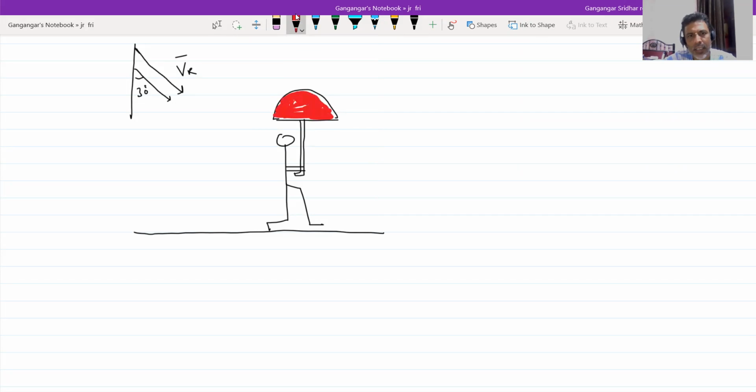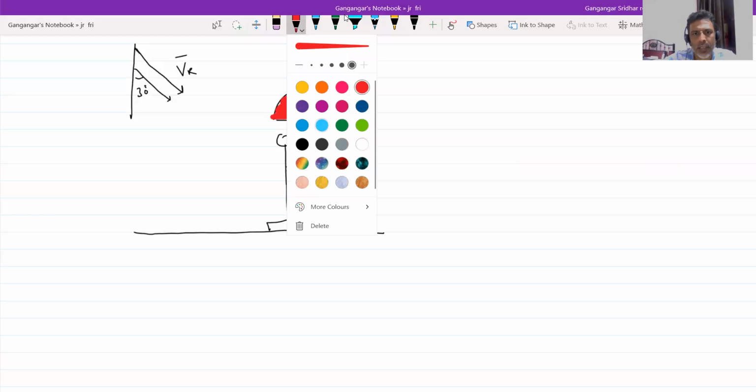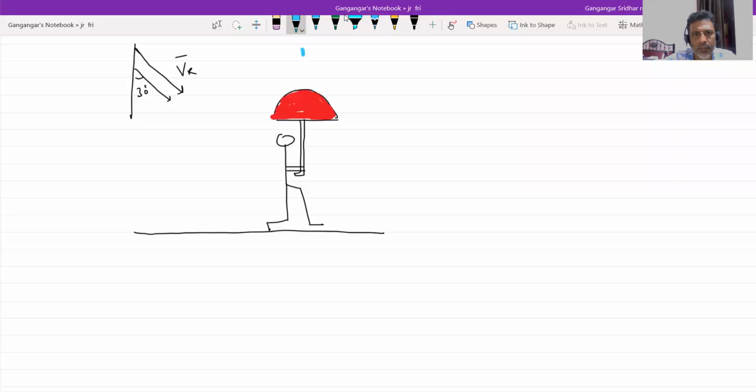VRM should be vertically down. So the velocity of raindrops, and how is the velocity of man? What should be the velocity of man? If they ask you like this, what to do? Because they didn't give VM in this case.